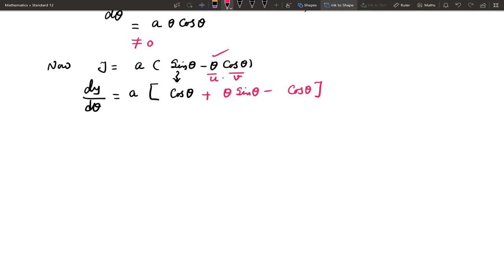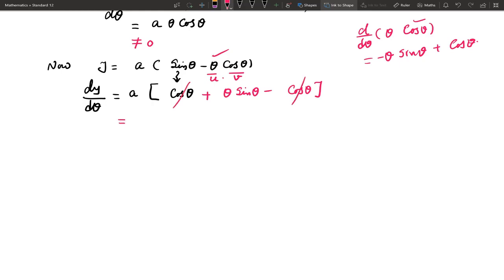Note that outside we already have minus d by d theta of theta into cos theta. So u into derivative of v, so minus sin theta plus cos theta, derivative of theta with respect to theta is 1. So plus minus cancel.